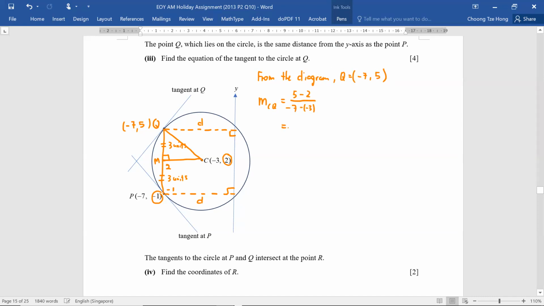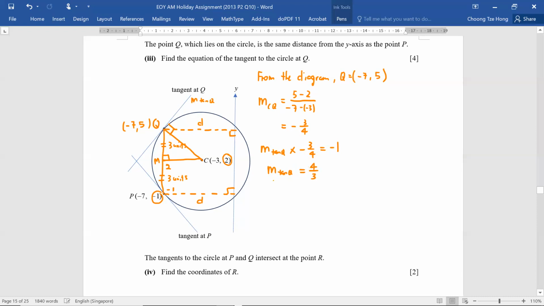That will give us -3/4. Let me call the other one the gradient of the tangent at Q. The gradient of the tangent at Q times -3/4 will give me -1, because this tangent is perpendicular to CQ. So the gradient of the tangent at Q will be 4/3.